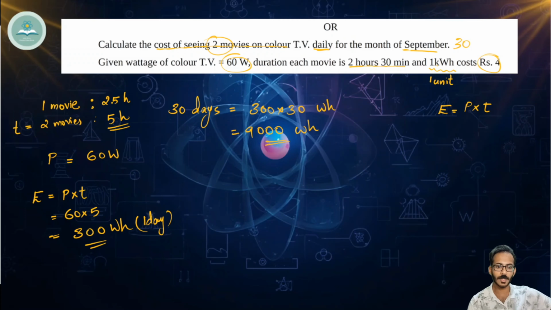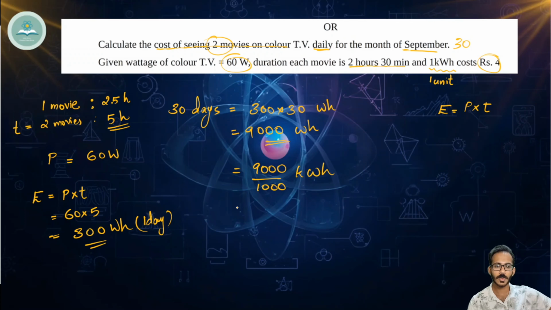See, in the question, it's given as 1 kilowatt hour. 1 kilowatt hour is the same as 1 unit. So now we'll convert from watt hour to kilowatt hour. It's nothing, just divide by 1000. So that is 9000 divided by 1000 kilowatt hour.